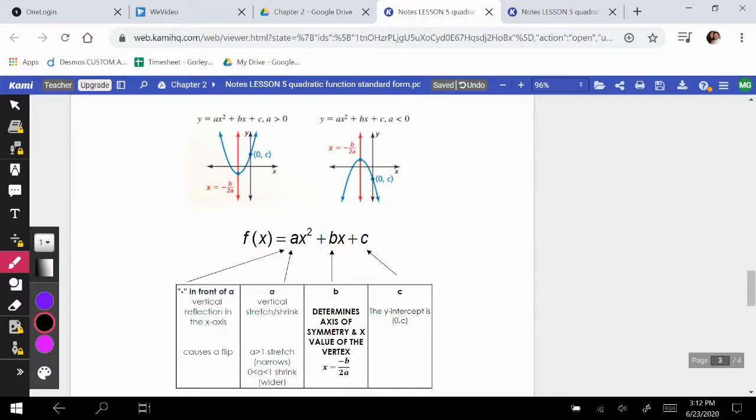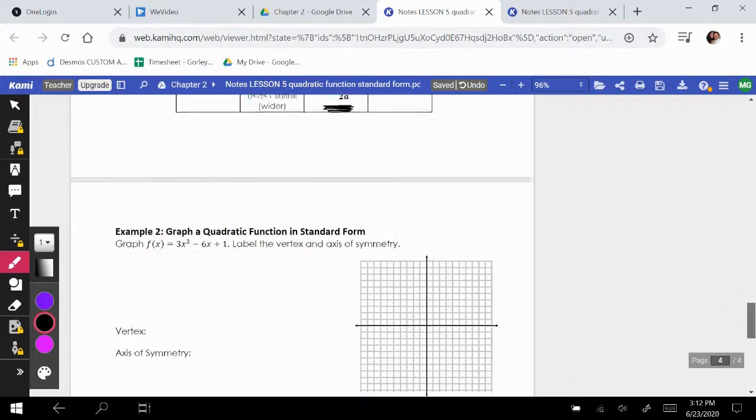The a value still is the vertical stretch or shrink, but b is different in standard form. B determines the axis of symmetry and the x value of the vertex. Okay, memorize this negative b over 2a. And then the c value represents the y-intercept.